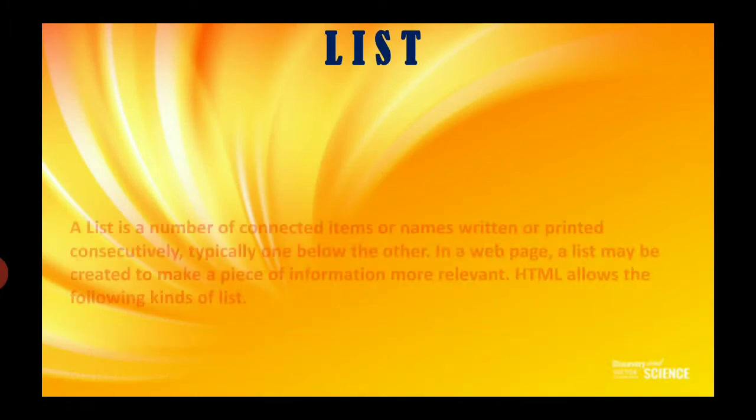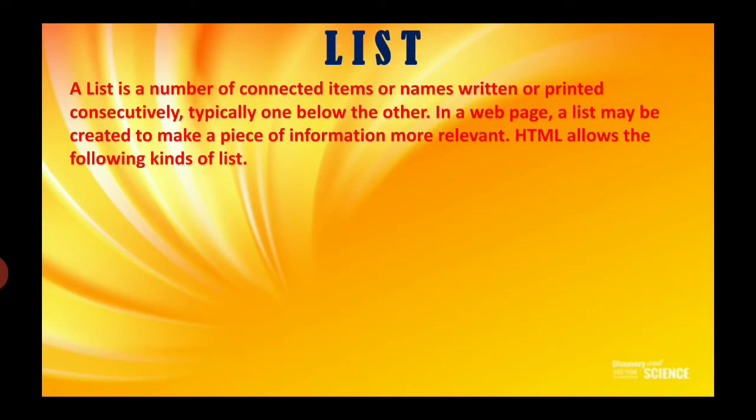List. A list is a number of connected items or names written or printed consecutively, typically one below the other. Now boys, you might have seen that whenever we write any points, we always write either numbers 1, 2, 3, 4, or alphabets ABCD, or Roman numbers, or sometimes we use bullets also, maybe round bullets or square bullets or a star.